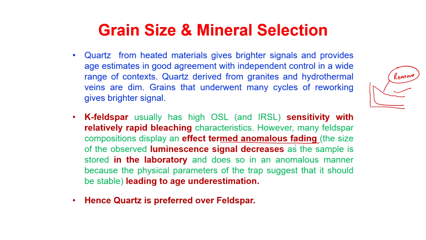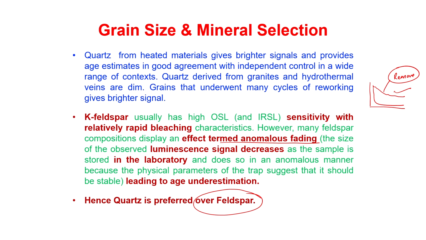It has been observed that the signal decreases very fast as the samples are stored in the laboratory, and this happens in an anomalous manner, because the physical parameters of the trap suggest that it should be stable, leading to an underestimation of the age. So it is basically underestimation of the age.